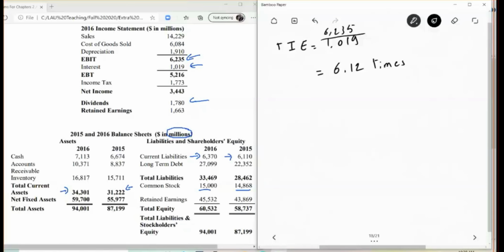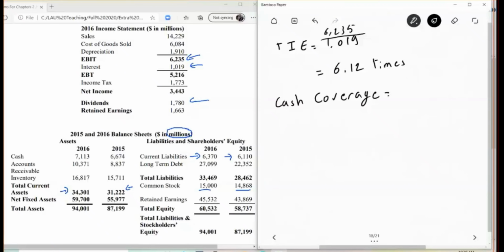Now, a more accurate ratio is the cash coverage ratio. So with this ratio, I add to the operating income the non-cash expense, in this case depreciation.